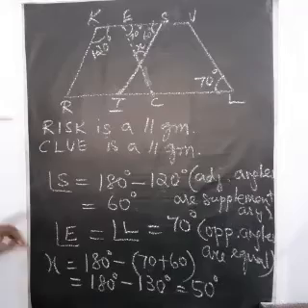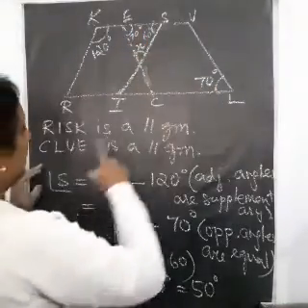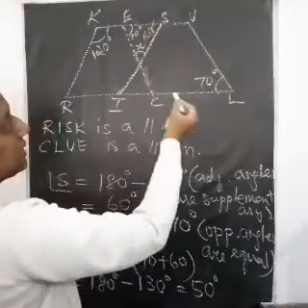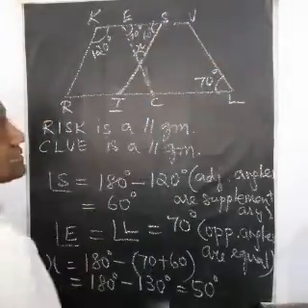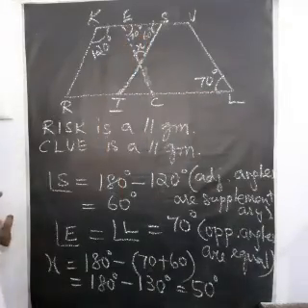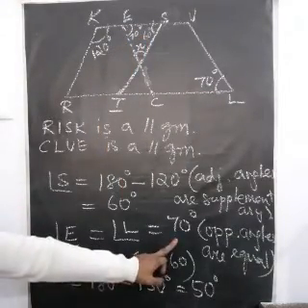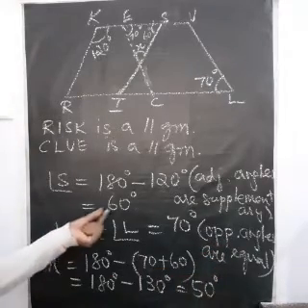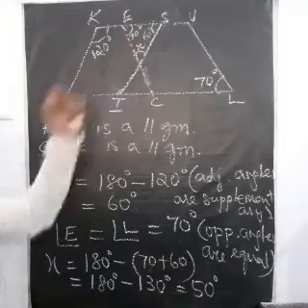Now let us see this other parallelogram. They have given CLUE is a parallelogram, which means opposite angles are equal. They have given this to be 70, so naturally this angle E will also be 70. That is by the property opposite angles are equal. Now we know two angles in a triangle.